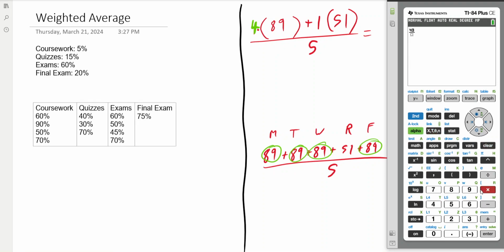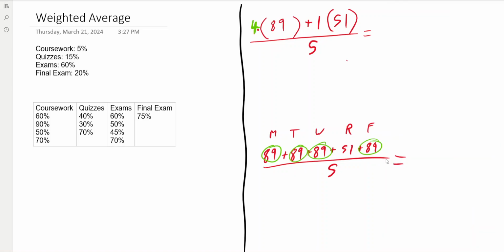So 4 times 89 plus 1 times 51. Oh, whoops. I forgot to divide by 5. And we're going to get the answer of 81.4. So that's how many minutes on an average day that those other schools have.